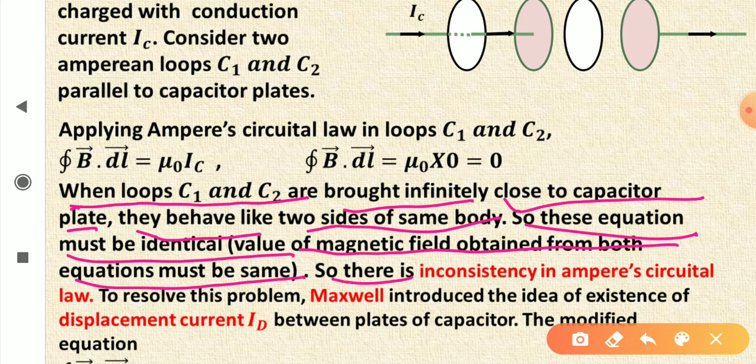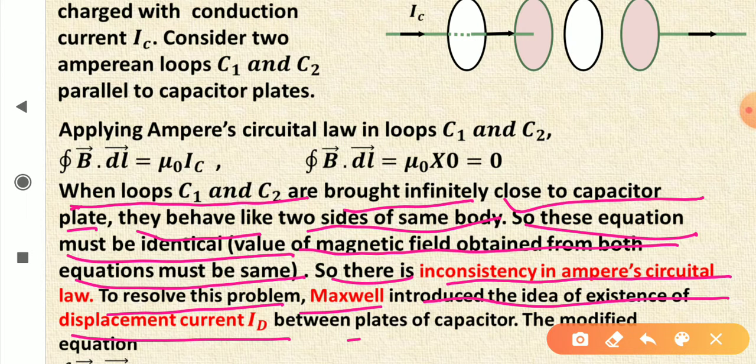So there is inconsistency in Ampere's circuital law, and to resolve this problem, Maxwell introduced the idea of existence of displacement current between the plates of capacitor.